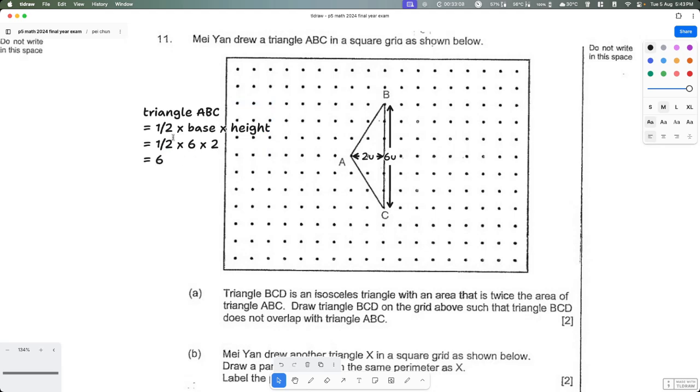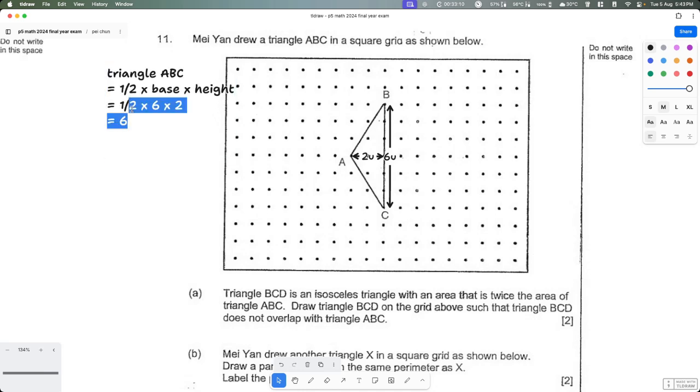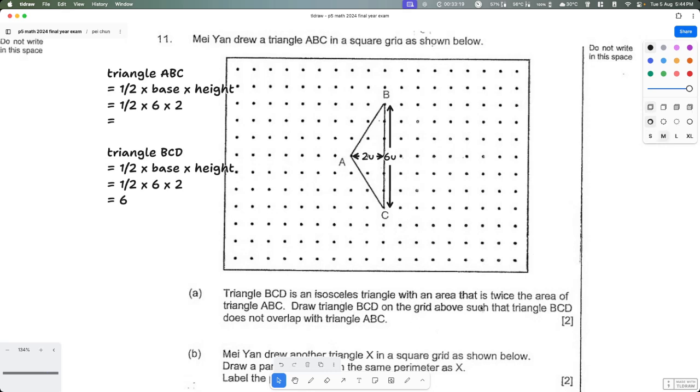For triangle BCD, since it says twice the area, we will just have 12. This will be 6 and 2, which is 6, and this will be 12, twice the height.